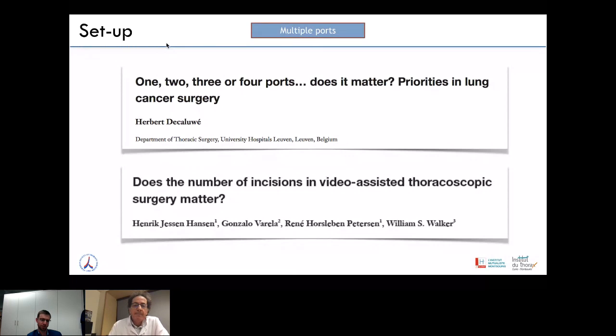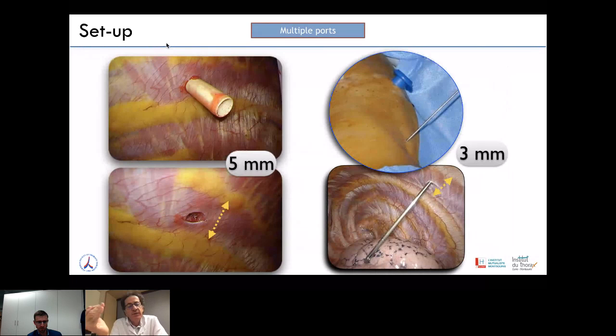For sure. What I want to mention is that this debate about a single port or multiple port is wrong. In my mind, it's false, because if you look at these pictures, you can see that with small diameter instruments, the damage to the intercostal space can be very limited.